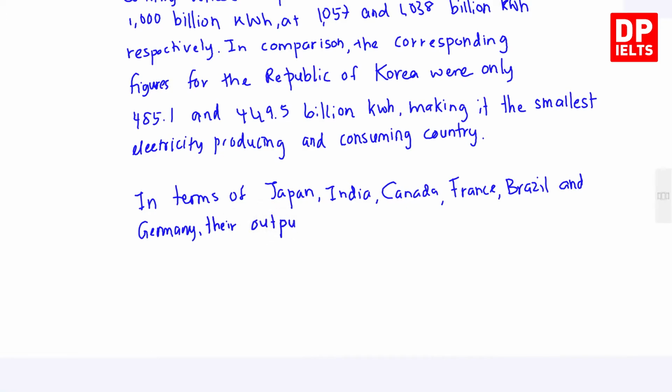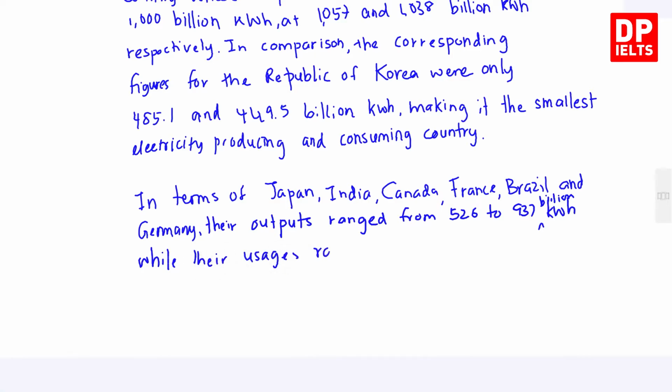Their outputs ranged from 526 to 937 billion kilowatt, while their usages ranged from 455 to 857 billion kilowatt.